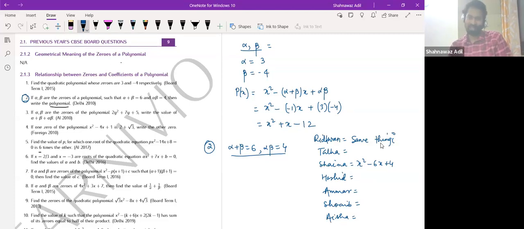Okay, yes, Talha, Hashid, Aman. Shoaib is not here. Aisha has not joined. Yes, guys, you can write the same in the chat box, right? I guess all of you have got this question.